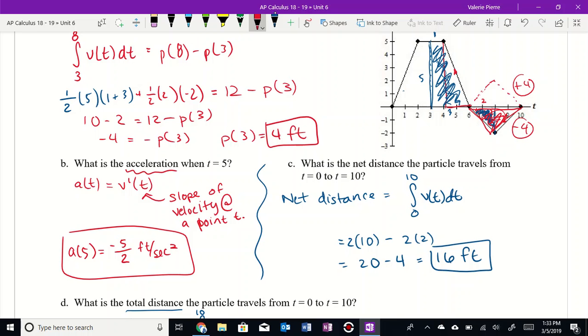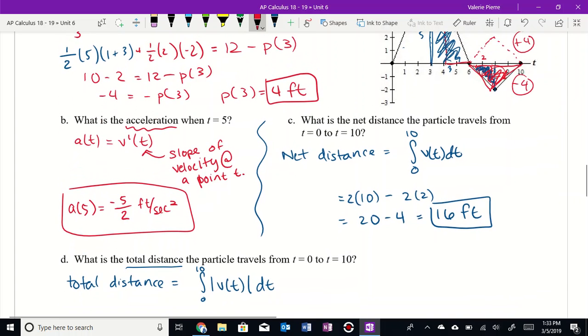And this whole trapezoid was positive 20. So the total distance will be 20 plus 4, which is equal to 24 feet. Okay, so total distance means that all the area that was once negative is now going to be positive when we add it all together.